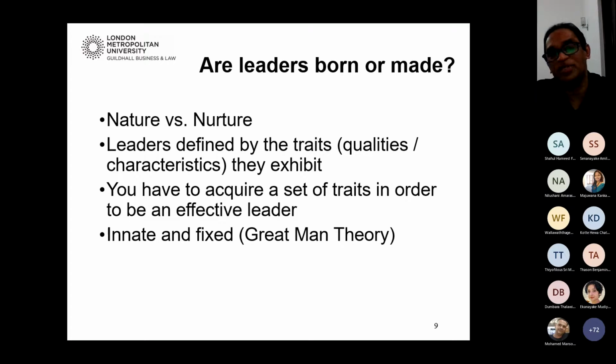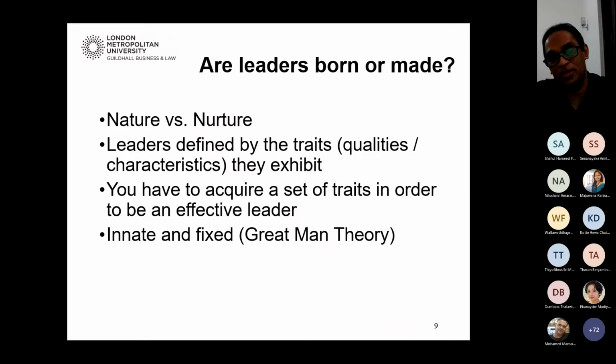Leaders are defined by traits, or the qualities or characteristics they exhibit, right? That's what I told you earlier. You have to acquire a set of traits in order to be an effective leader. So the great man theory said this is innate and fixed.